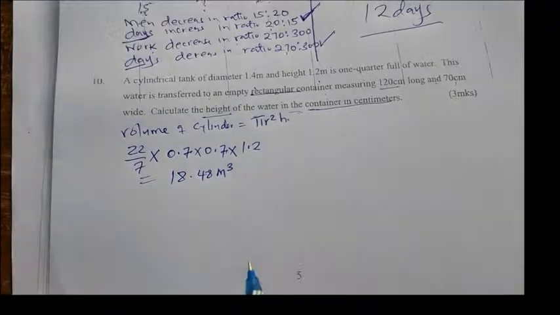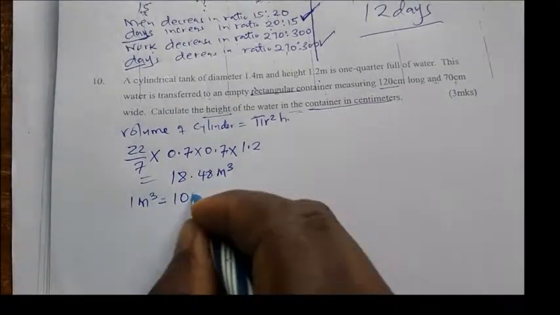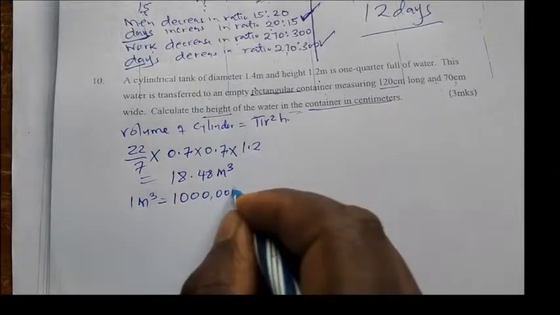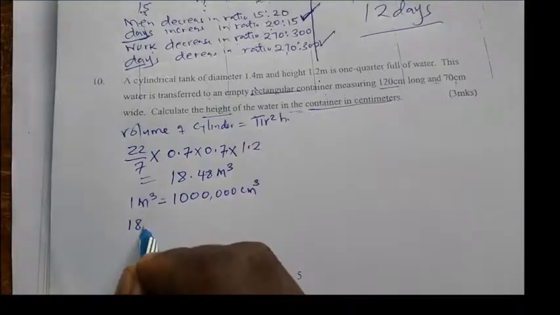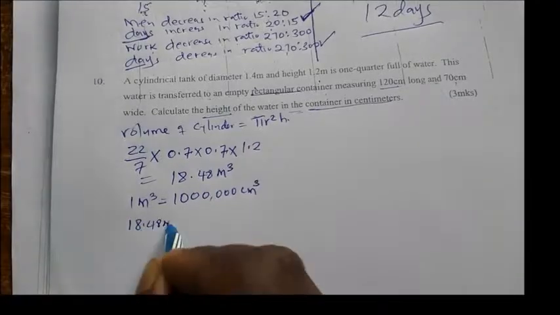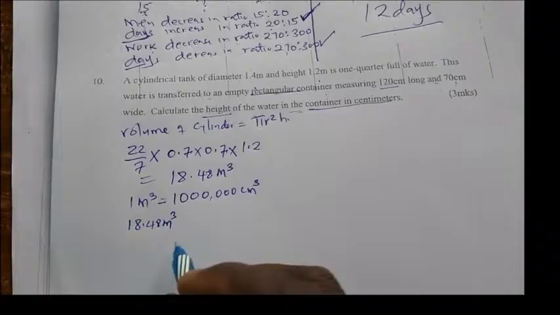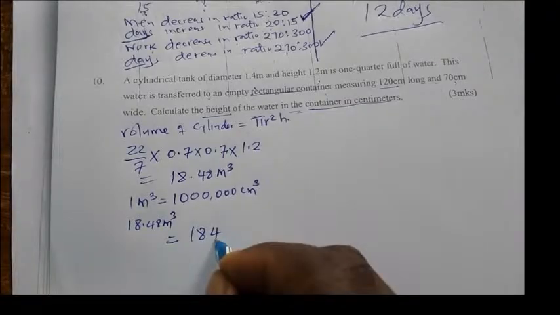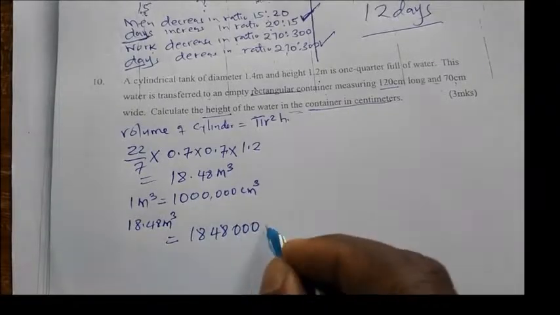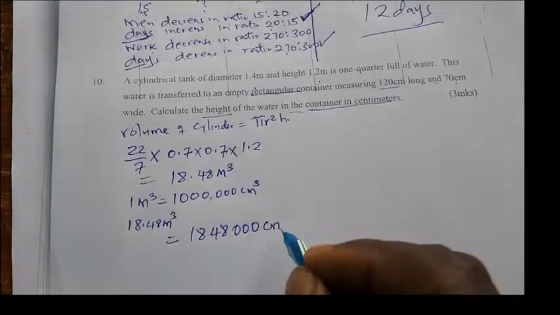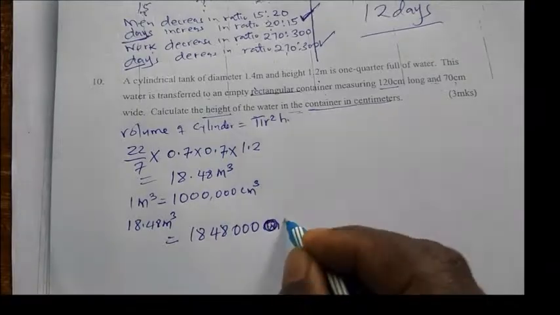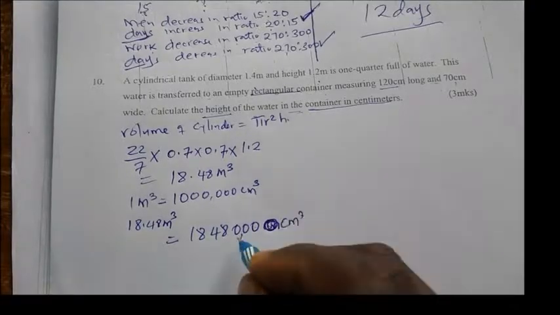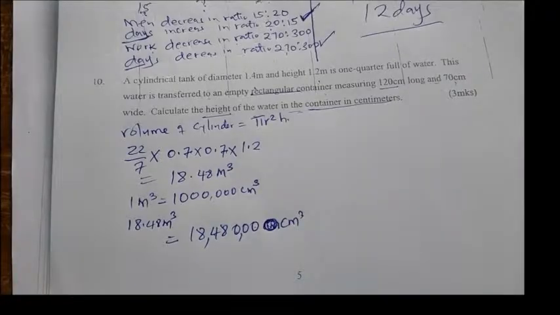We know that 1 meter cube is 1,000,000 centimeters cube. So this 18.48 meters cube in centimeters will be 18,480,000 centimeters cube.